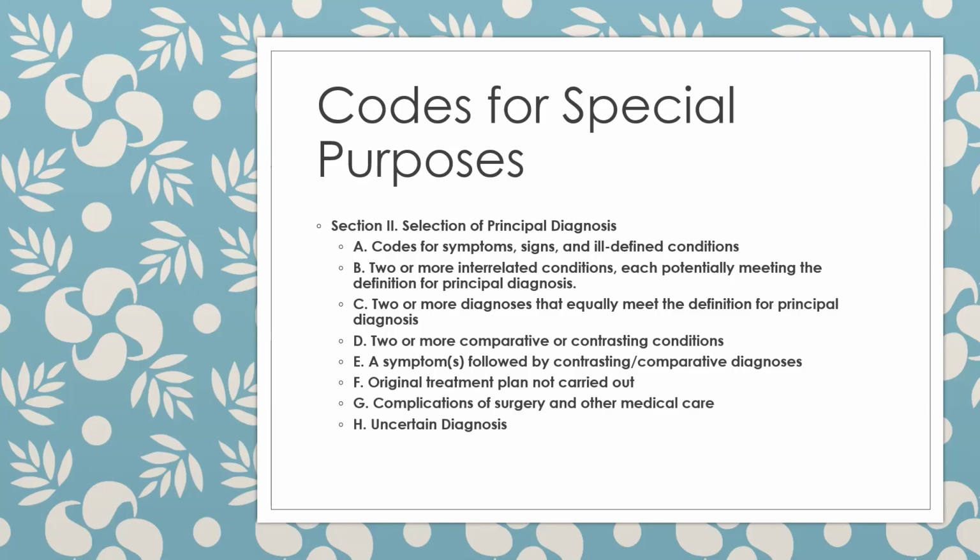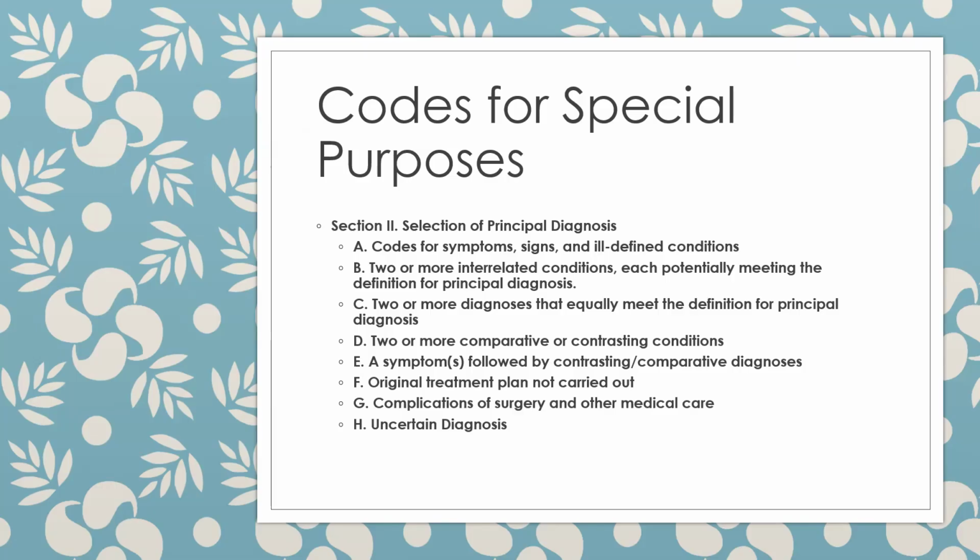For original treatment plan not carried out, sequence as the principal diagnosis the condition which, after the study, occasioned the admission to the hospital, even though treatment may not have been carried out due to unforeseen circumstances.